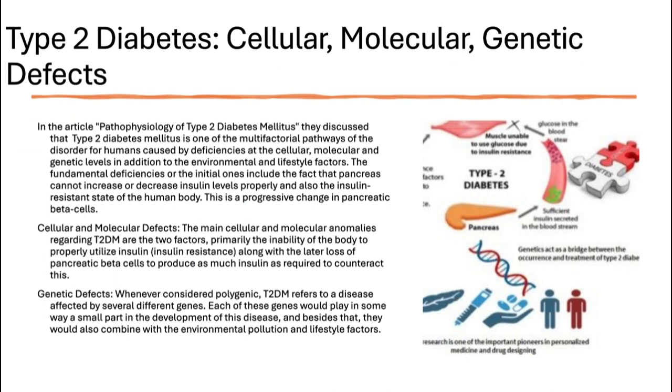Several different defects in the body all contribute to it. Type 2 diabetes develops because of defects in how cells respond to insulin, defects in how the pancreas produces insulin, and inherited genetic factors. All of these interact with environment and lifestyle choices, leading to the disease.